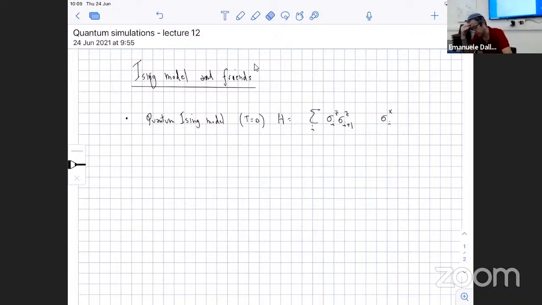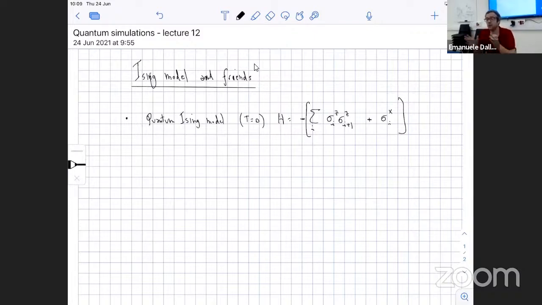Let's put a minus here and also a minus there, so that the ground state is really all the spins pointing in the plus x direction. When you speak in terms of the z direction, there is a complete uncertainty, because if you point in the x direction, the z direction is undefined.